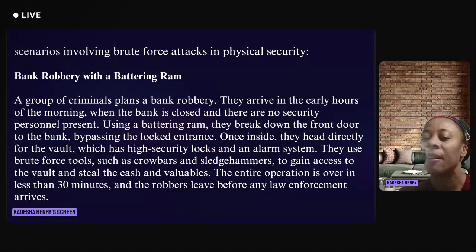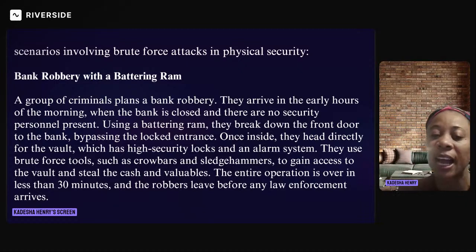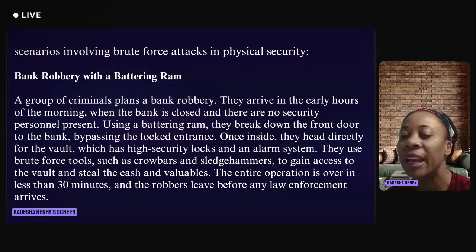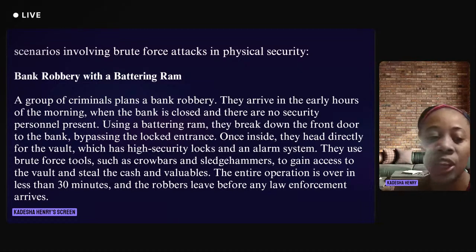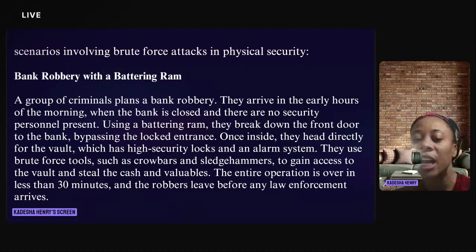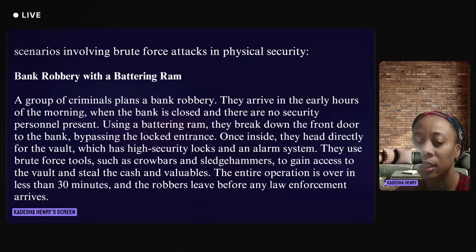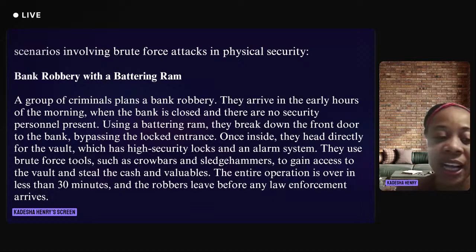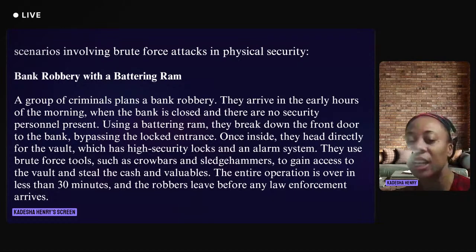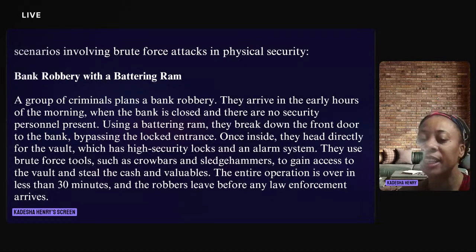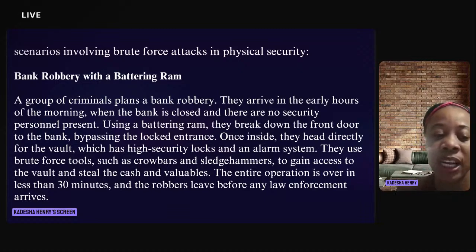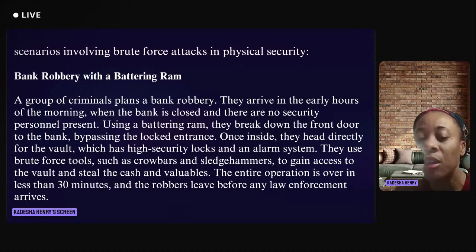Once inside, they head directly for the vault, which has high security locks and an alarm system. They use brute force tools such as crowbars and sledgehammers to gain access to the vault and steal cash and valuables. The entire operation is over in less than 30 minutes, and the robbers leave before any law enforcement arrives.